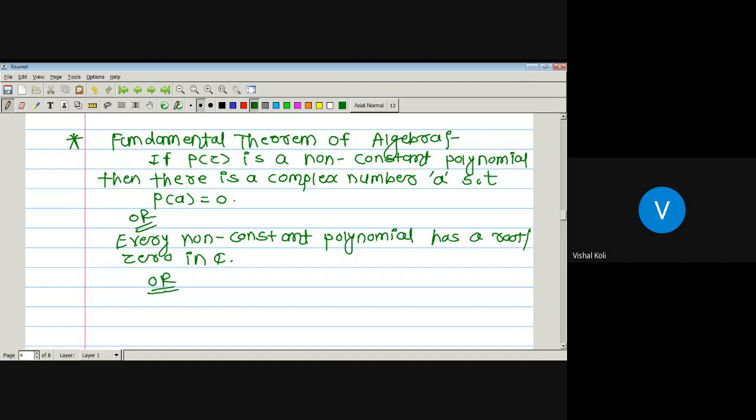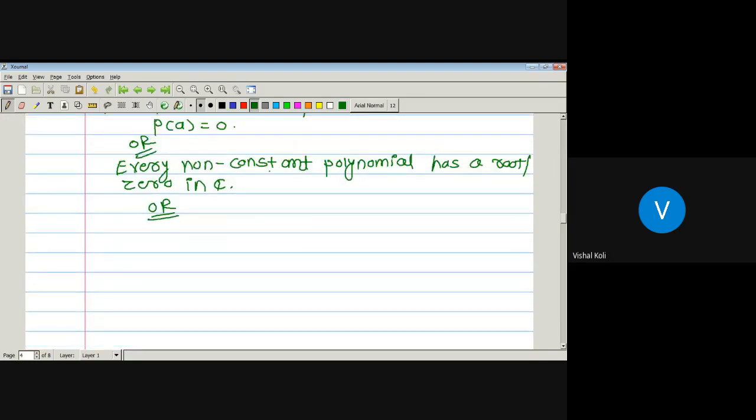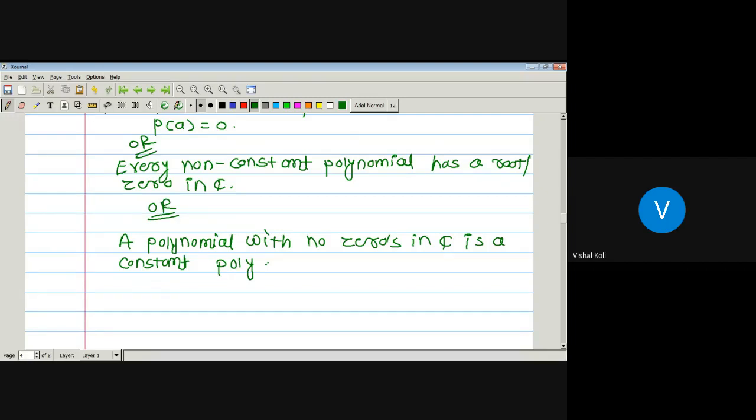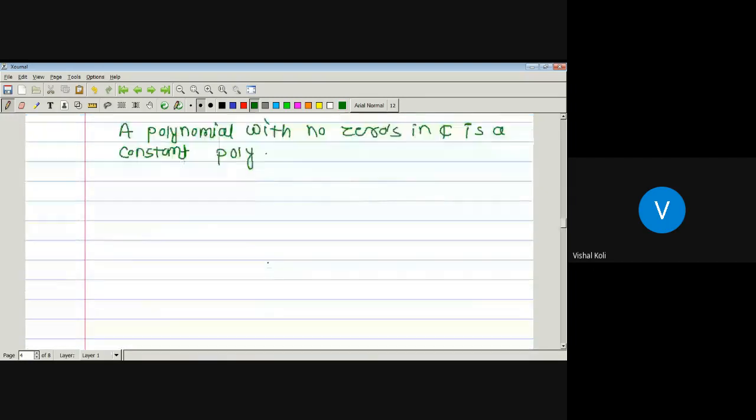Alright, so we can write this one as: a polynomial with no zeros in the complex number system, no zeros in C, must be a constant polynomial. That is, if there is a polynomial having no zeros in C, then it must be a constant polynomial only, and that one we have to prove. Let us see the proof.